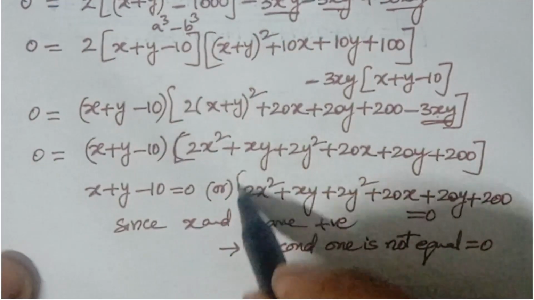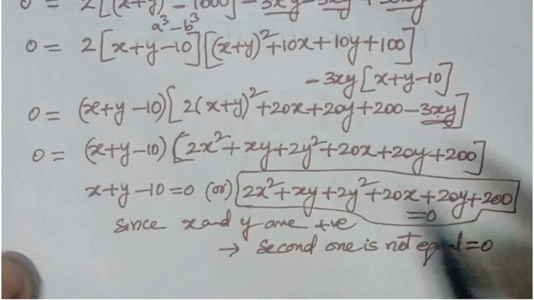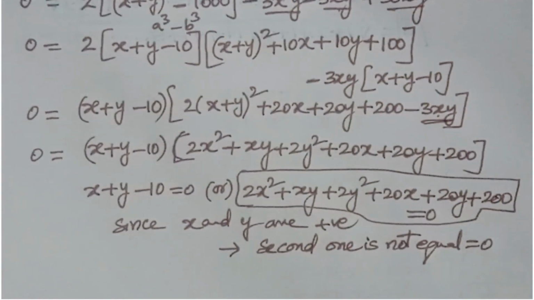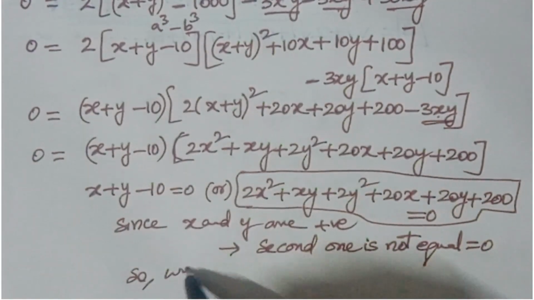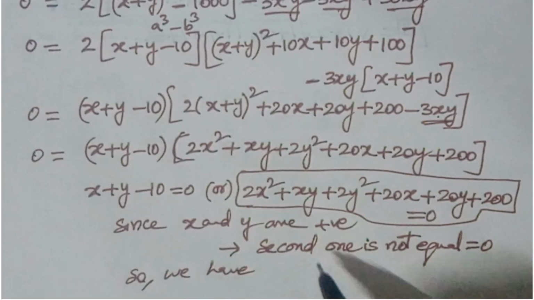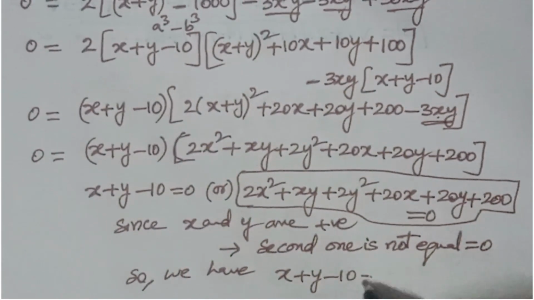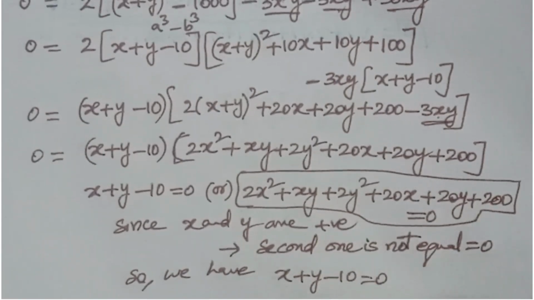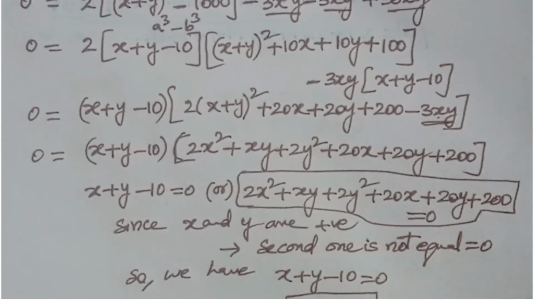Second one means this is not equal to 0. x and y are positive, therefore it cannot be equal to 0. So we have x plus y minus 10 equal to 0. That implies x plus y is equal to 10. So that is what he is asking to show.